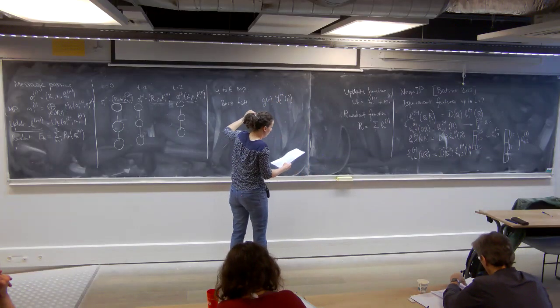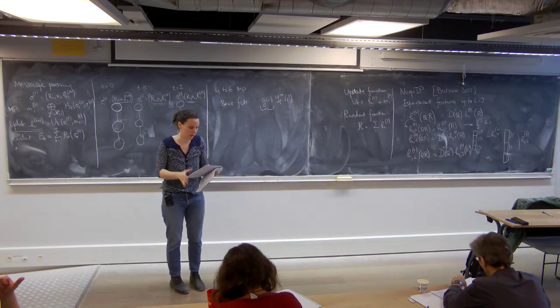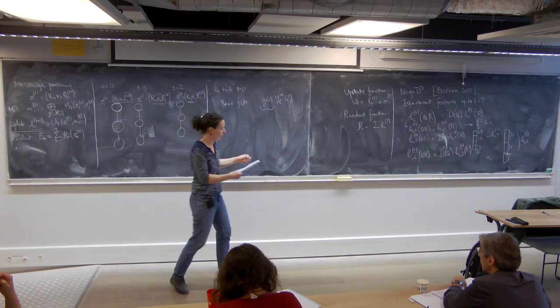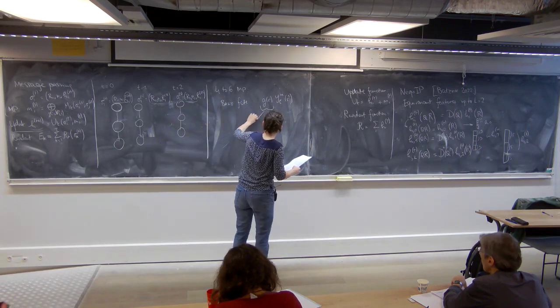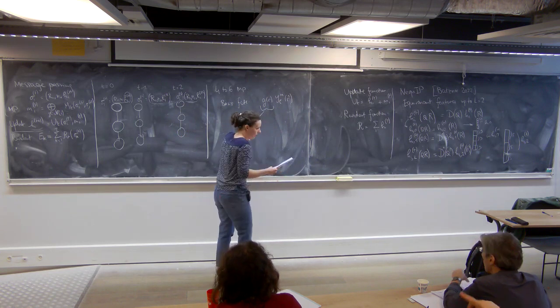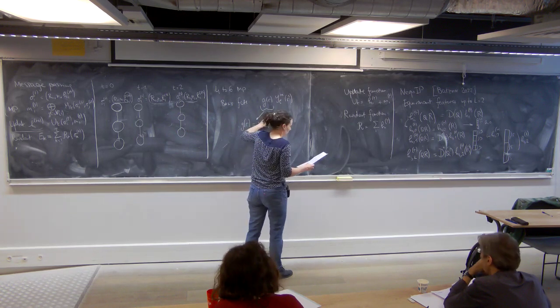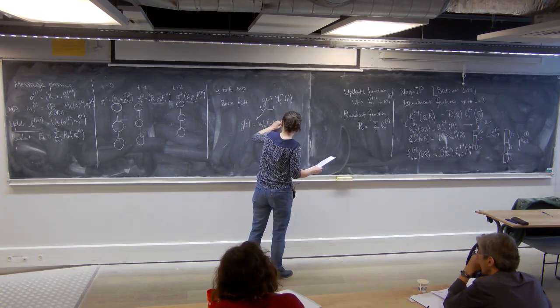And so this radial basis is learned in the sense that it is represented as a feed-forward neural network.